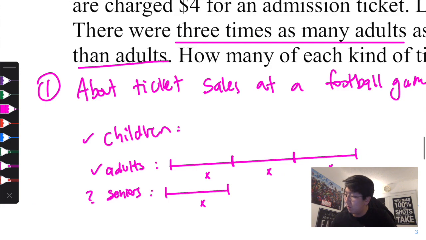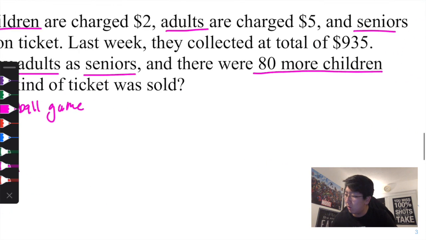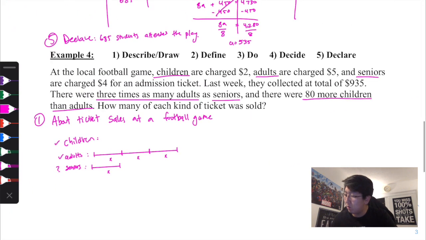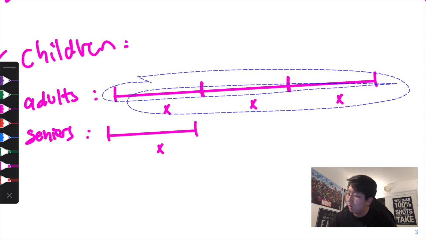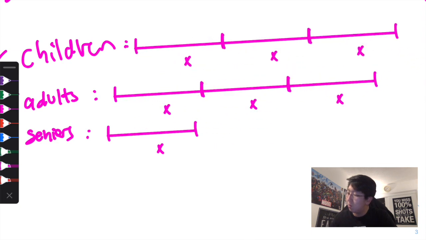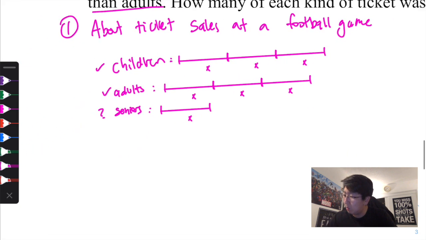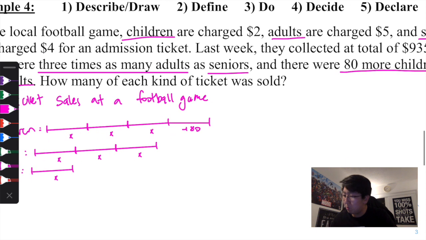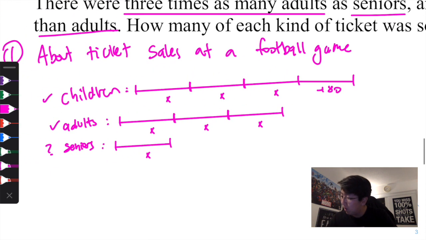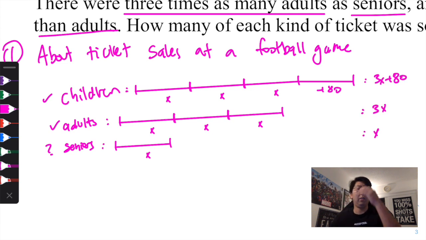Children. There are 80 more children than there were adults. Well, if adults was 3x, children is whatever adults was, but they're going to add 80 more. So what expression can I give each one? This is 3x plus 80, 3x, and x.